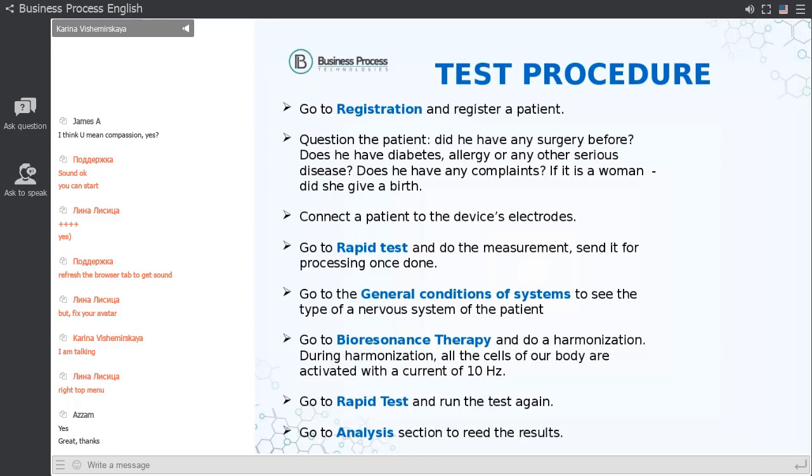First of all, we go to registration and we register a patient. Characteristics like age and sex are very important for the measurement, because the norm corridor for different organs and systems varies depending on the age and sex of the person. It's very important.